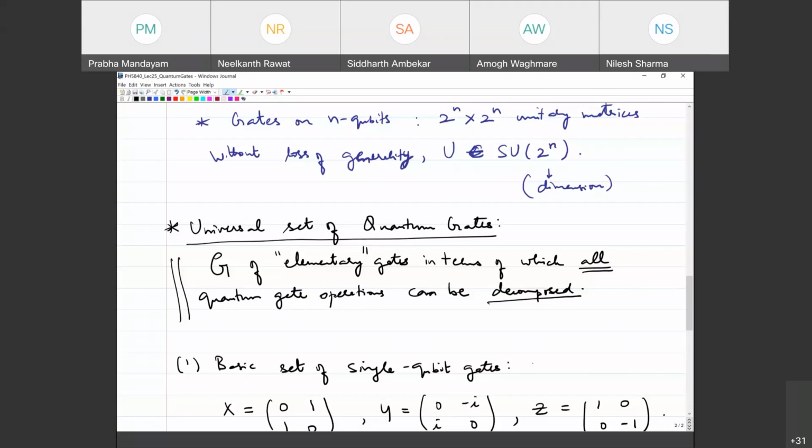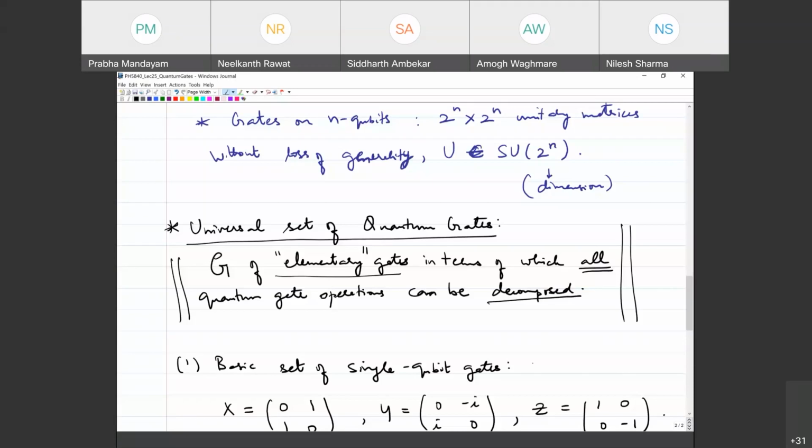Because if for every new algorithm and every new gate operation that you can think of, the experimenter has to find a new physical implementation, that's not going to work out, right? I need to have a basic set. So if I have a valid circuit model of computation, I must have a basic set of operations in terms of which all other operations can be broken down or decomposed.